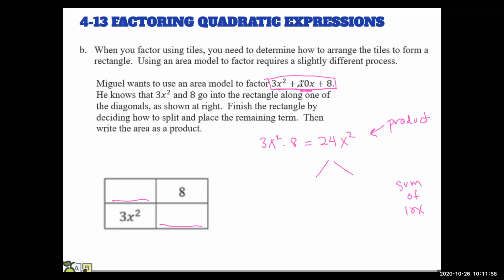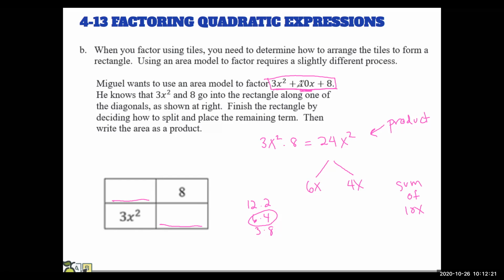So thinking about all the ways I can make 24, I could go 12 times 2, or 6 times 4, or 3 times 8. And it looks like 6 times 4 works, so a 6x and a 4x.